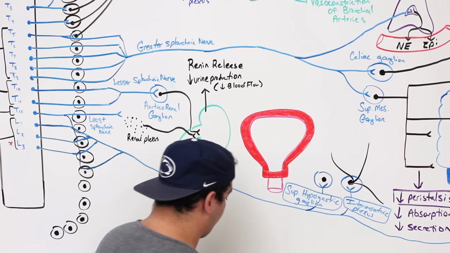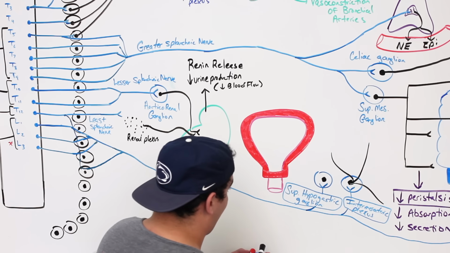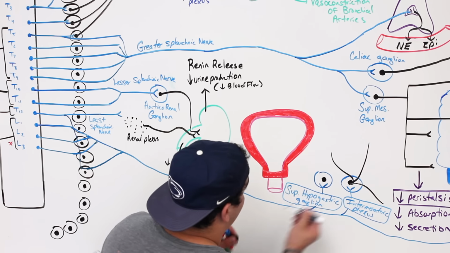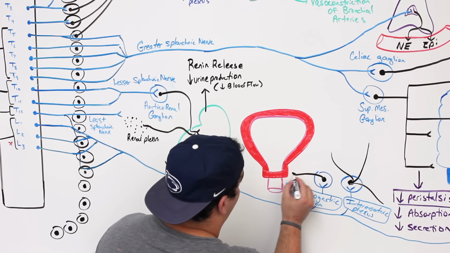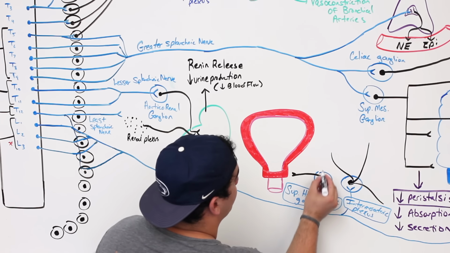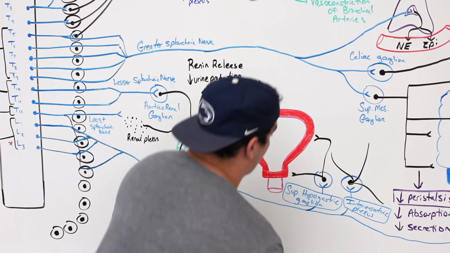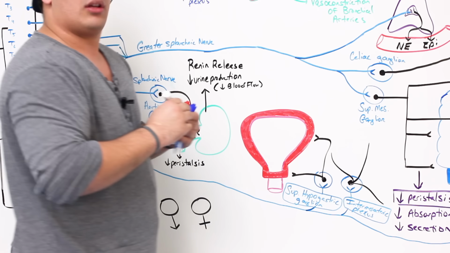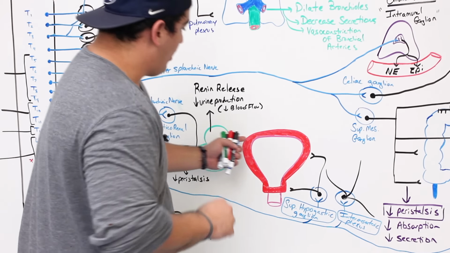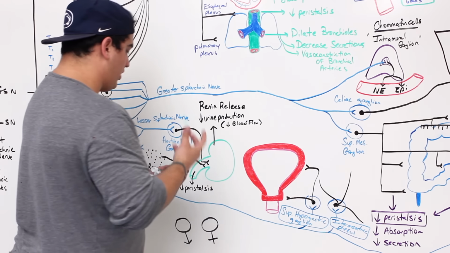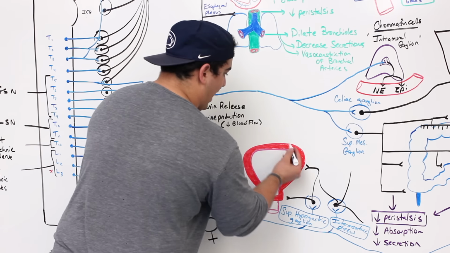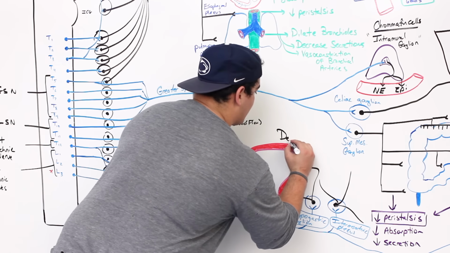Okay? So, superior hypogastric ganglion gives these fibers here that can go to the internal urethral sphincter and can go to what's called the detrusor muscle. Okay? So this big muscle here, which is basically the muscularis externa of this bladder, is called the detrusor muscle.